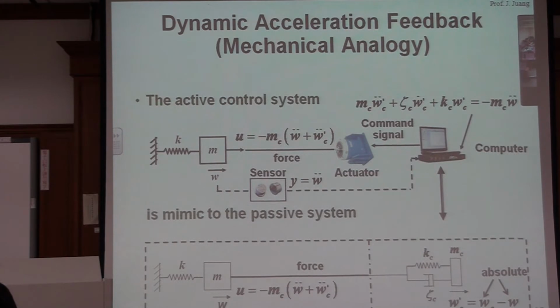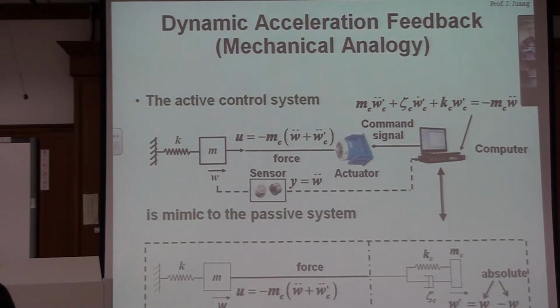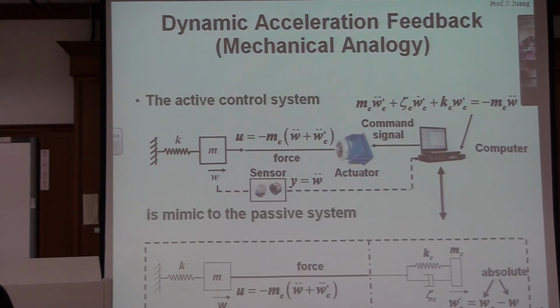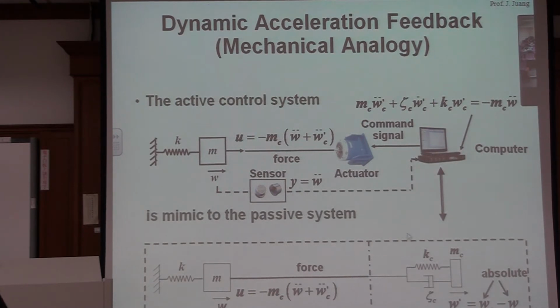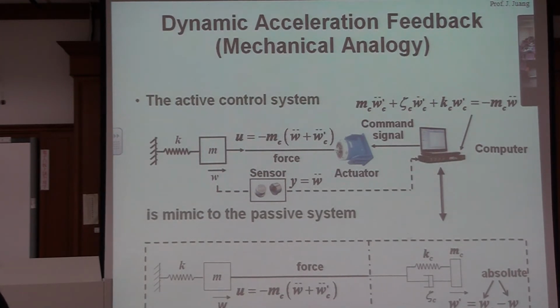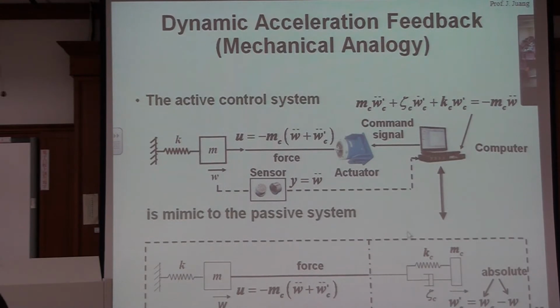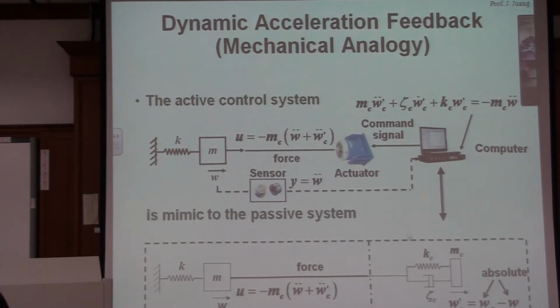For the displacement feedback, then we have a KC here, we have MC here, then we have that spot here, right? And this is the ground. That's for my displacement feedback.